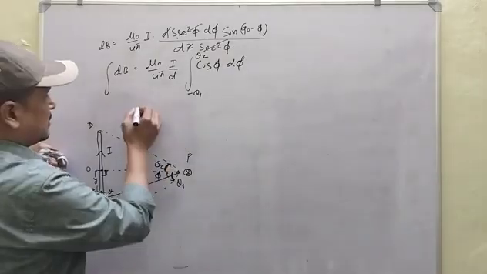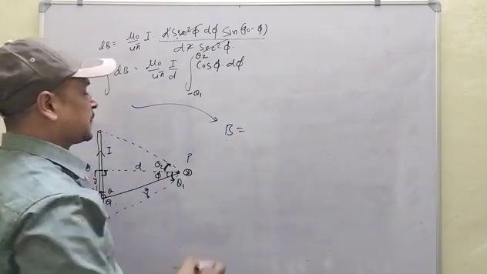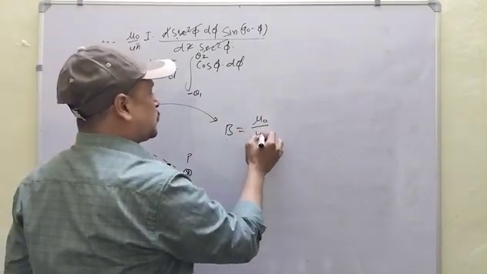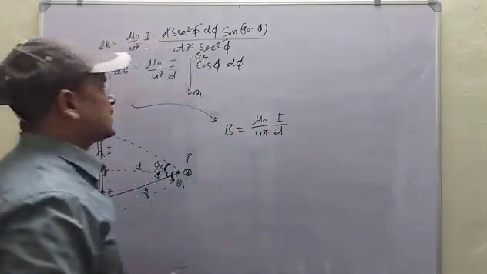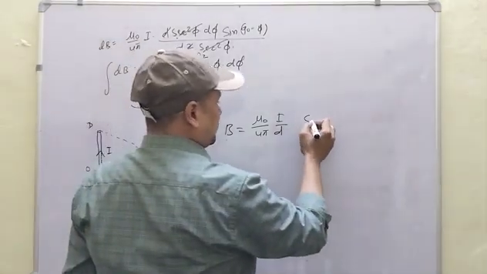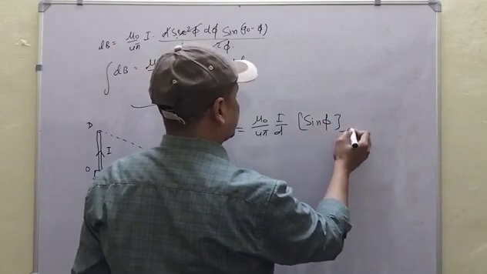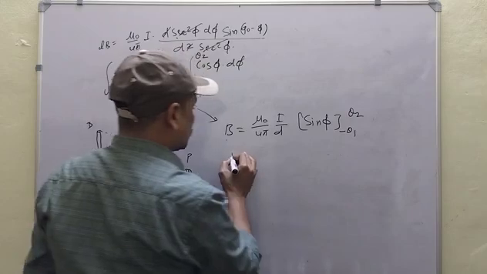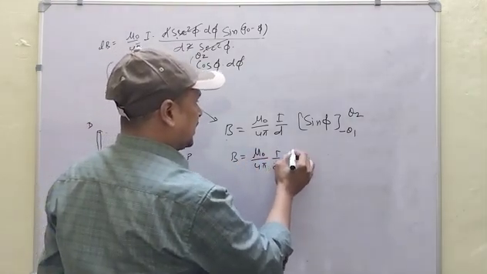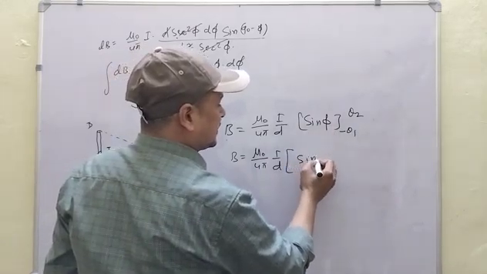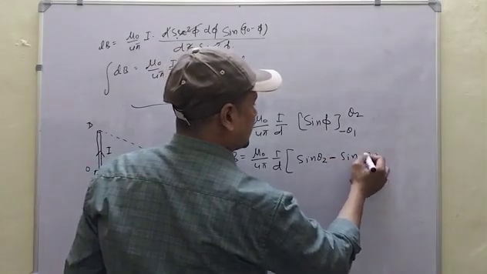Now here, I am writing the total magnetic field, which is B, equal to mu naught by 4 pi I by d, and the integration of cos phi is sin phi, with the limit minus theta 1 to theta 2. So B equals mu naught by 4 pi I by d, sin theta 2 upper limit minus sin of minus theta 1.